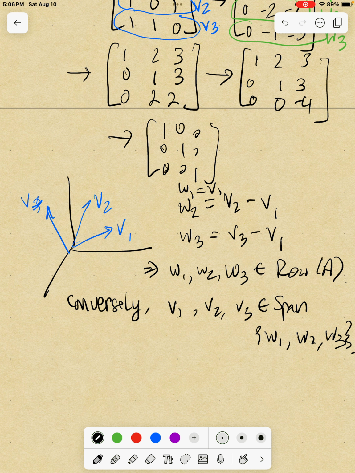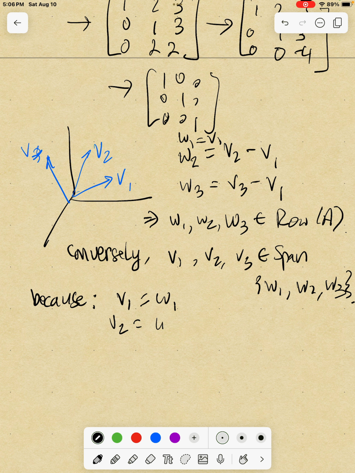Why is this? Because you can reverse. So we have V1 is W1, V2 is W2 plus V1, so that's W2 plus W1, and V3 is W3 plus V1, so it's W3 plus W1.